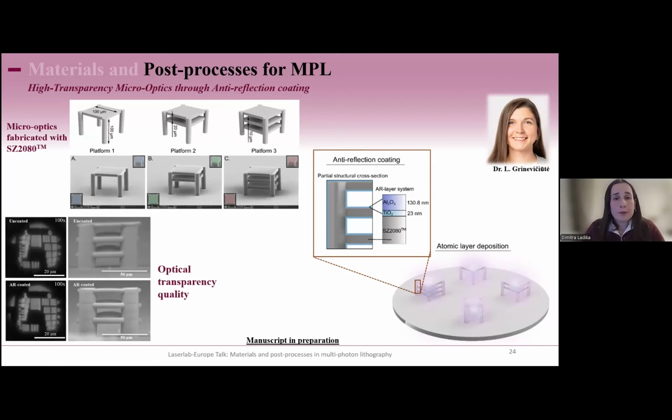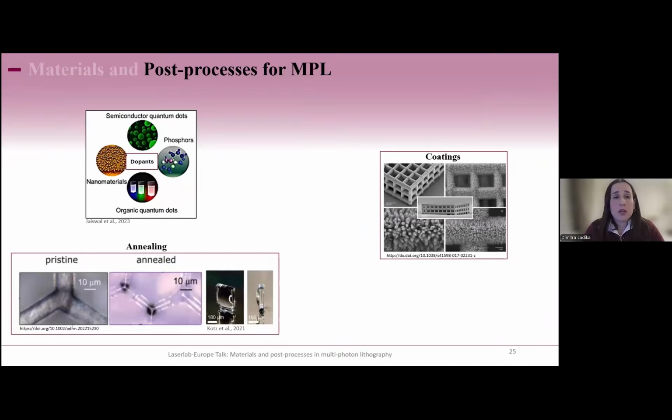Moving forward, as I mentioned, I will discuss three different post-processes. We discussed coatings, and the last two can also be combined. And this is actually the main activity of the lab in the last years, especially when we are speaking for dopants like phosphorus, combined with annealing in order to achieve the properties that we want.